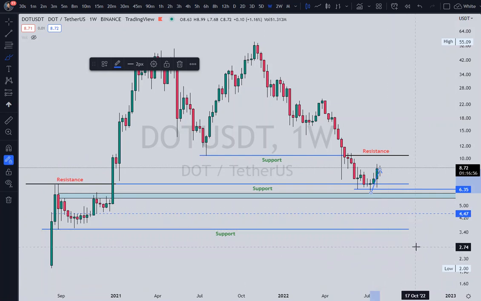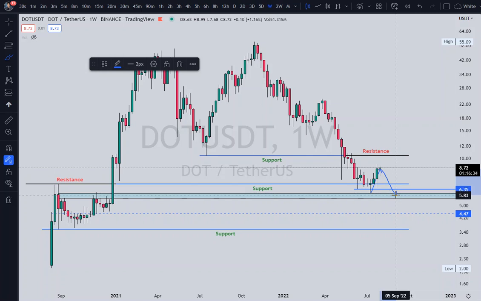To be honest, my view is Polkadot can show another wave to the downside, and if this time it shows a reaction to this support, gives me a confirmation or a signal, I will buy heavily here.